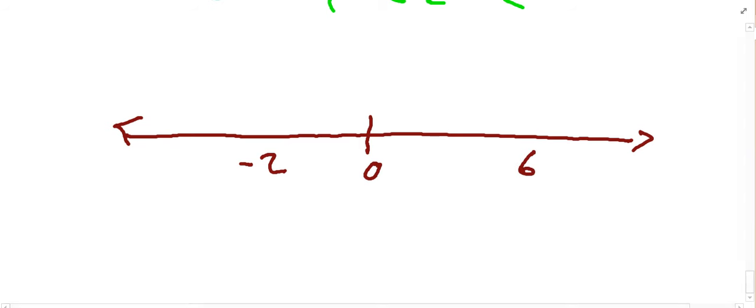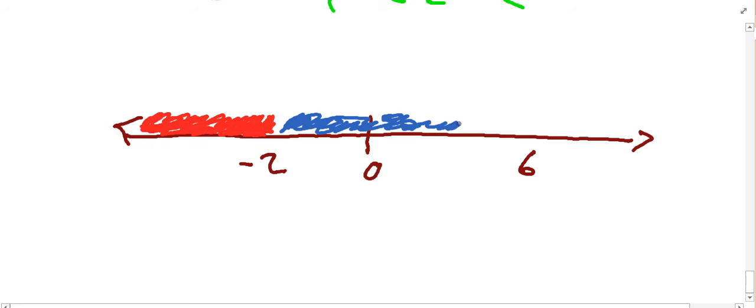When testing these critical points, the first thing I'm going to test is the behavior on the red side. Then I'm going to check the behavior on the blue part, in between these two points.